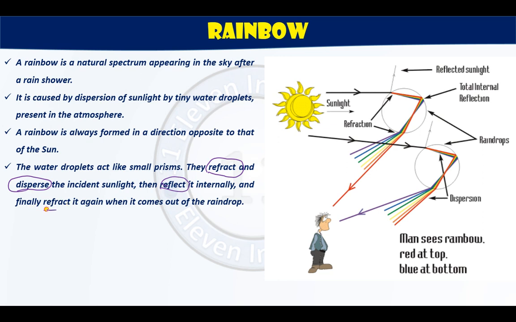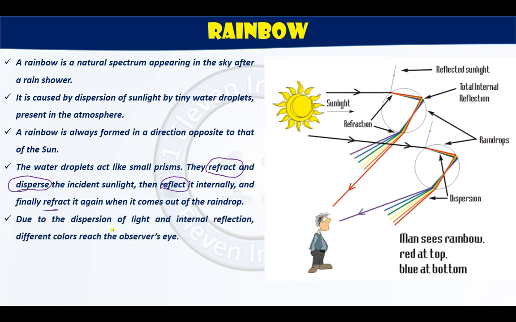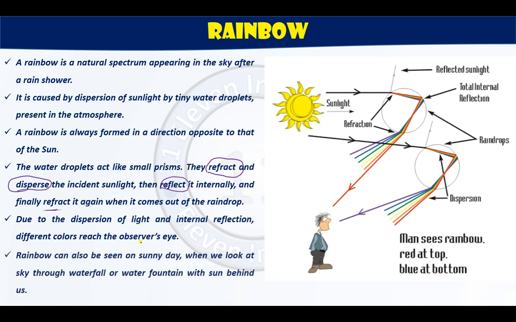And finally refract it again when it comes out of the raindrop. They are refracted over here again. They are split. Fine, when they come out again. So here dispersion, total internal reflection, and again here refraction occurs. And we see a rainbow. Due to dispersion of light and internal reflection, different colors reach the observer's eye.